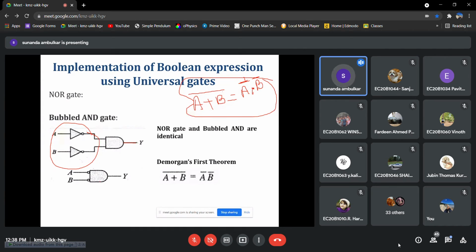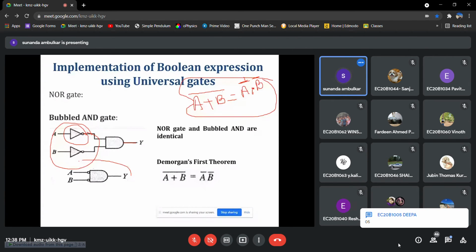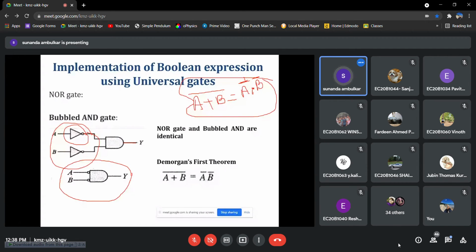Okay, so by the use of bubble notation, if we replace the complemented input with a bubble, this will be the bubbled AND gate. This is the symbol for the bubbled AND gate. So if we don't use a NOT operation at the input side and use only bubbles, it will be the same.